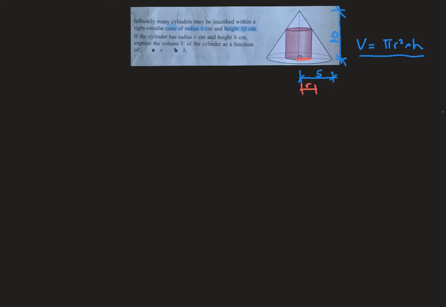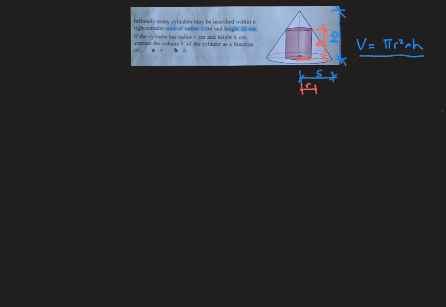And this is the height of the cylinder. What we have to do is find the volume of the cylinder as a function of r and then as a function of h.